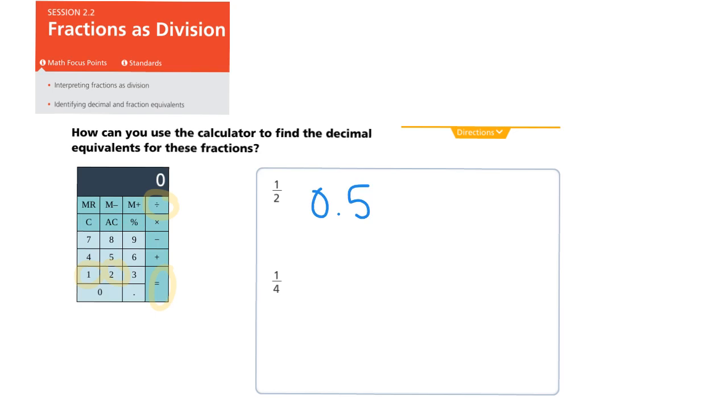Let me just erase this. And if I were to type in an actual calculator, 1 divided by 4, I would get the decimal answer of 0.25, or 25 hundredths.